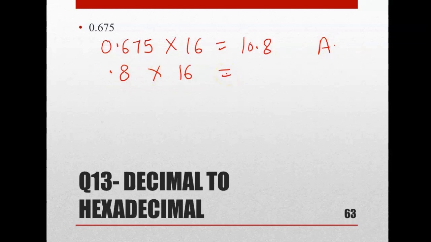When you multiply 16 by 8, it would be 128, right? So I'm writing here 128 and with 1. A is 10, B is 11 and C is 12. So C, 12, is coming here, so you will write C here, and then again 0.8 multiplied by 16.